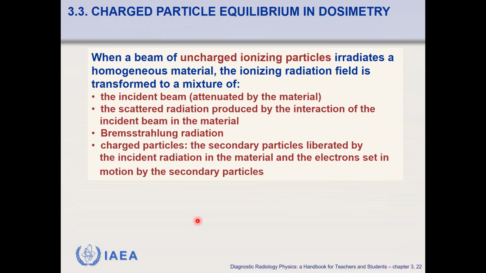So we are talking here about equilibrium, always an equilibrium state: the input numbers equal the output numbers. In dosimetry, we talk about the number of charged particles entering a small volume and the number of charged particles leaving that volume. If they are the same, we talk about charged particle equilibrium or the CPE condition.